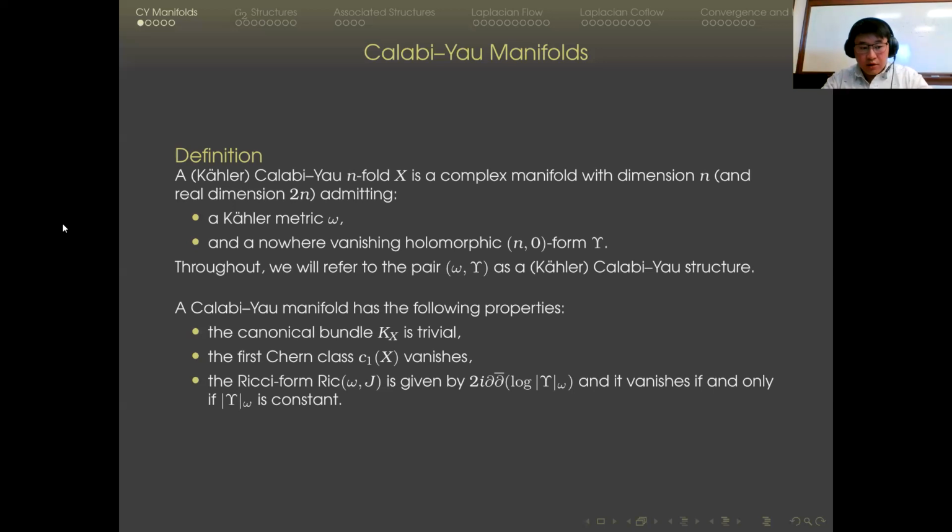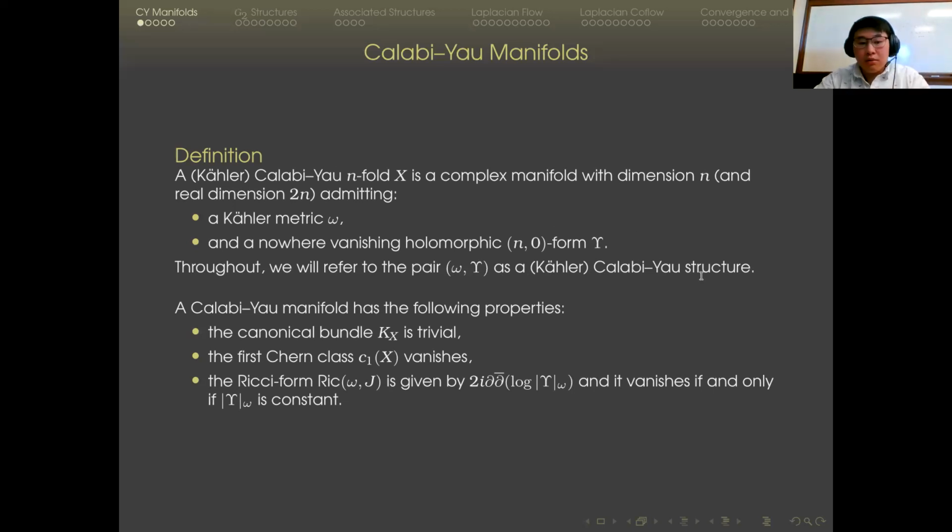One thing is that compared to the preprint, where I denoted this by big omega, it's probably easier to denote by small omega and upsilon instead of big omega and small omega. So that's just a cosmetic change, if anything. I'll refer to the pair omega and upsilon as a Calabi-Yau structure for ease.